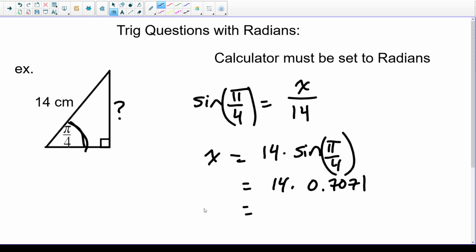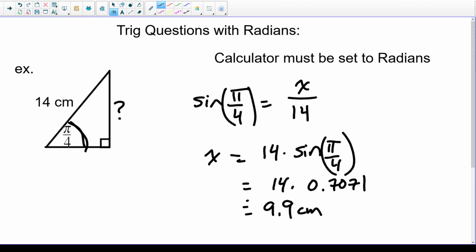And I haven't rounded it off yet because I'm just going to keep that whole answer in memory and multiply it by 14. And I'm getting approximately 9.899, which I could round off to 9.9. Okay, and it would be centimeters because the units are in centimeters, right?